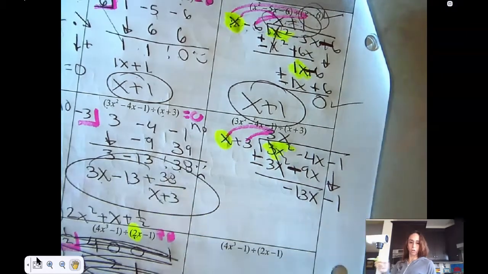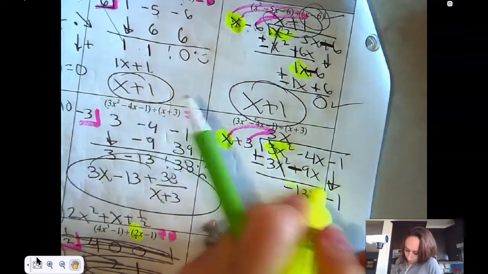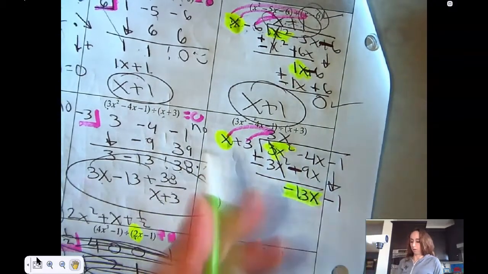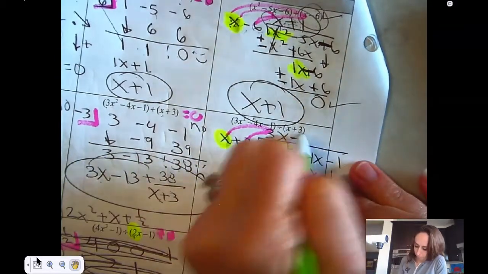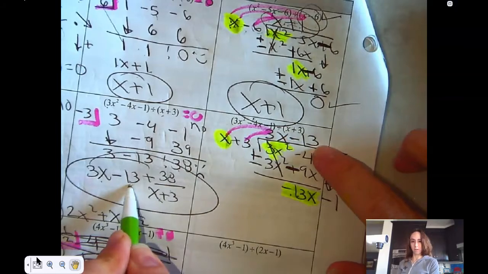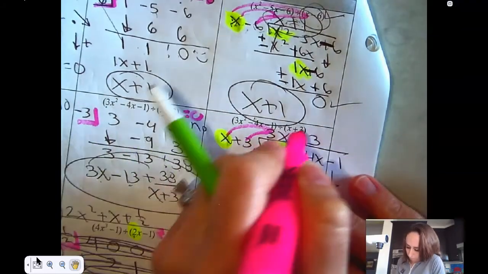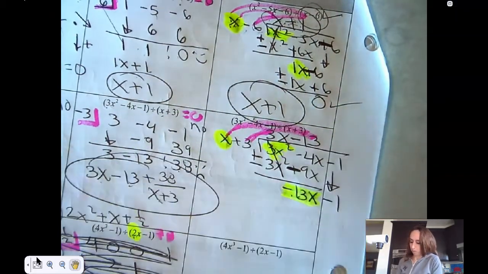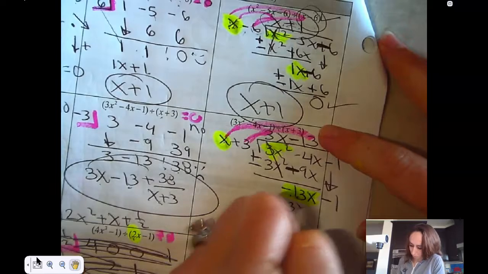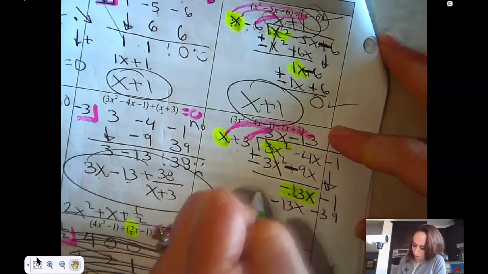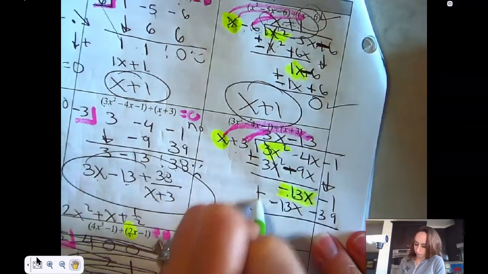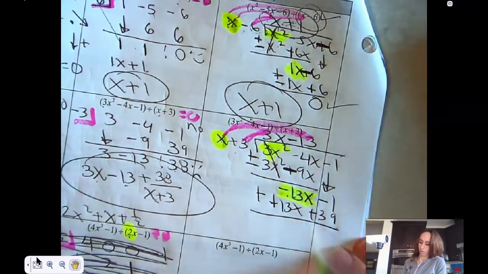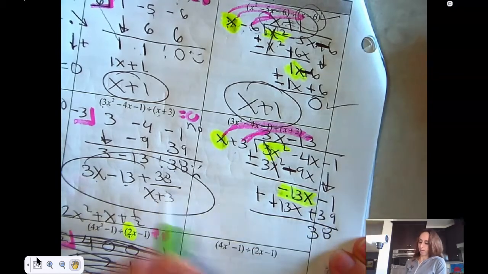Now I stir and repeat. So start again. Now I divide this one. This goes into this, -13. I divided 1, multiply both. -13x minus 39, subtract both. Change the signs of everything to the right. 38. Ah, look at that.